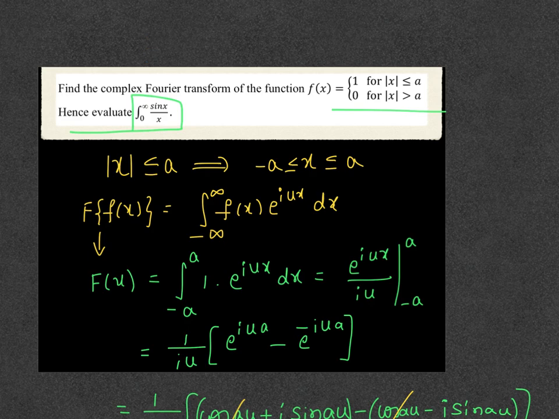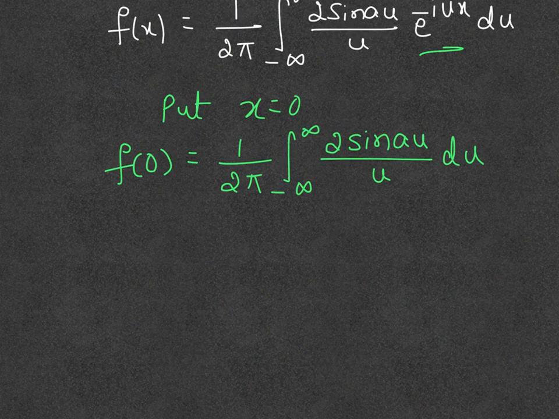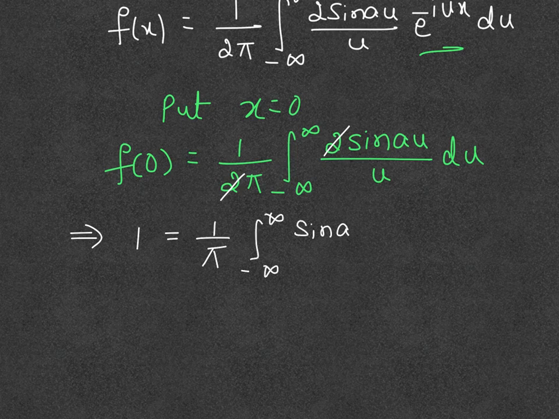So we substitute f of 0 is 1. So we get 1 by 2 pi, this 2 gets cancelled, 1 by pi integral minus infinity to infinity sin au by u du.